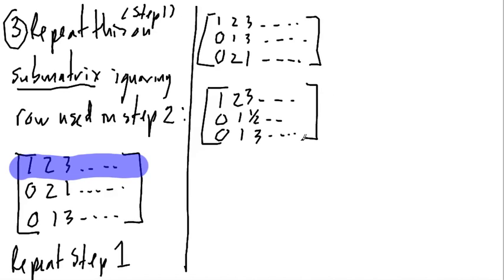It doesn't matter which way you do it, you'll always get the same result. Ignoring the first row, all we're doing is repeating step 1 with what we have below, namely getting a 1 up here.